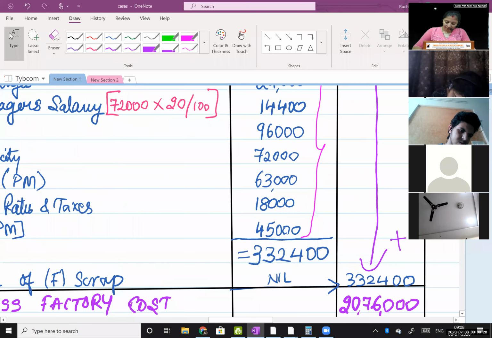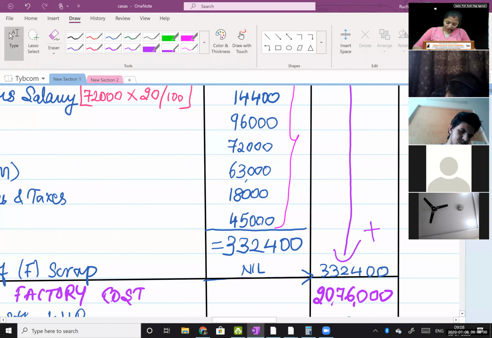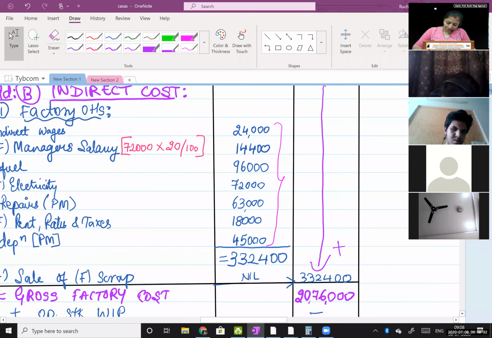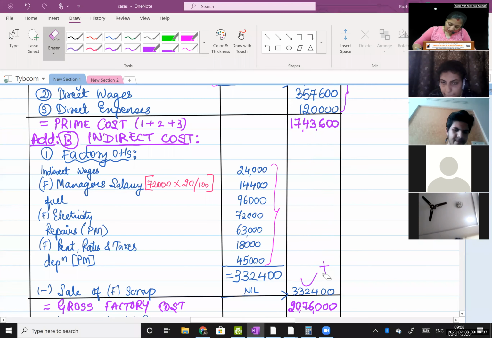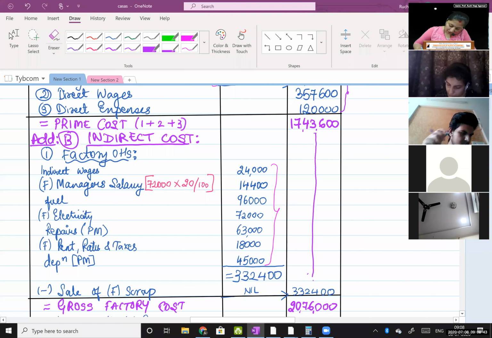So this is my outer column. And as I told you, the outer column also you have to total with the previous total. So what is my previous total? 17,43,600, my prime cost.